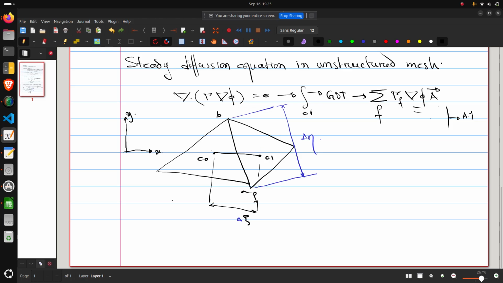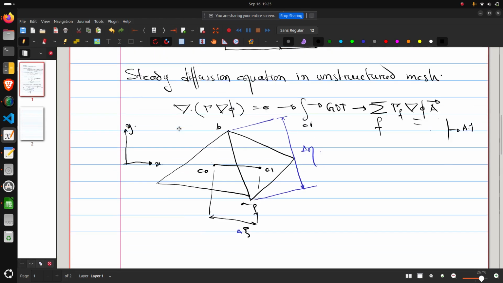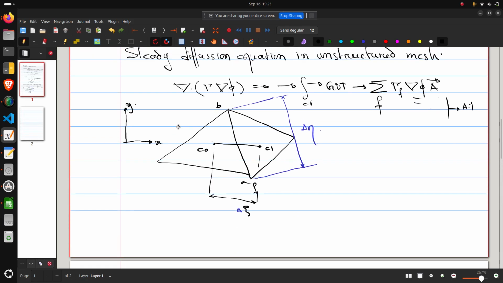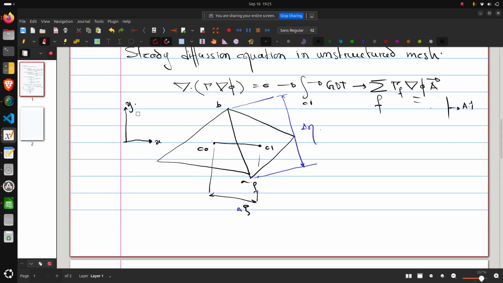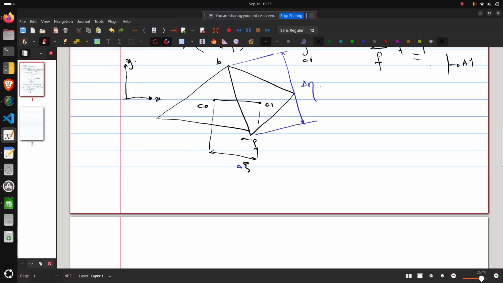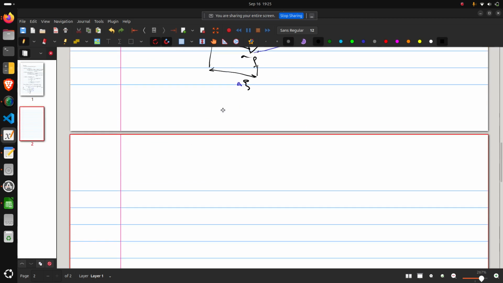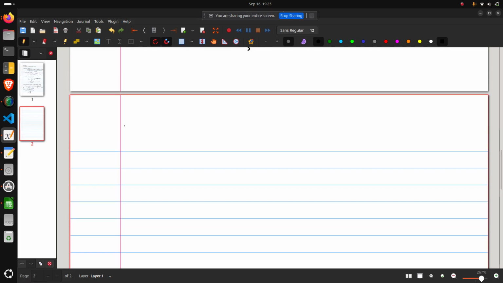So what to do now? So now what term do we have? We'll only consider this face right now. Okay, we will not bother about the other faces. These things will be generalized for all other faces as well.